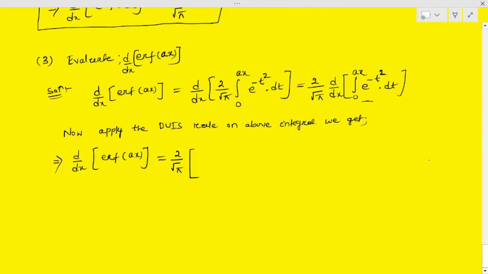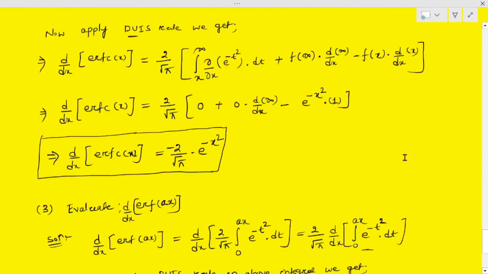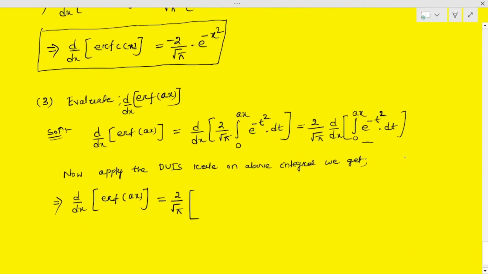Okay, so here the first term will be the integration from limit 0 to ax of del by del x of e to the power minus t square dt.